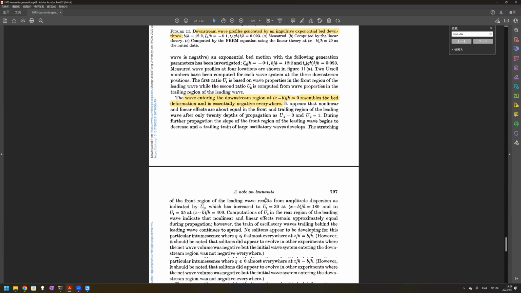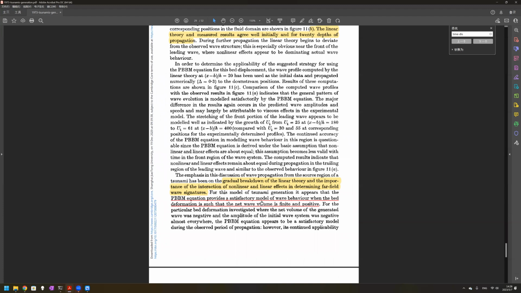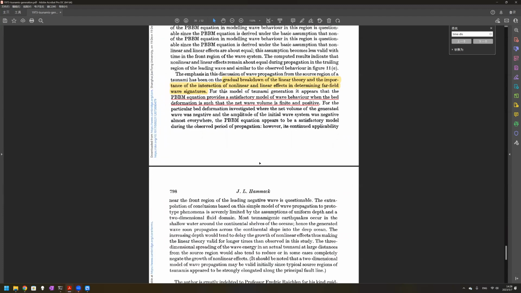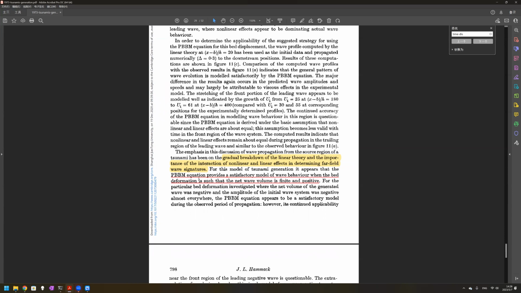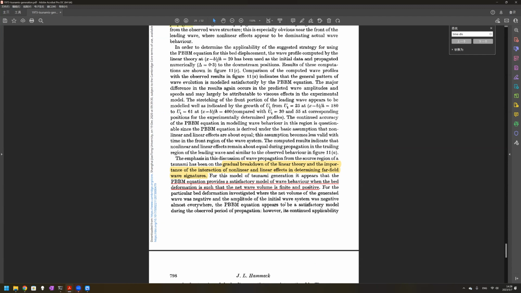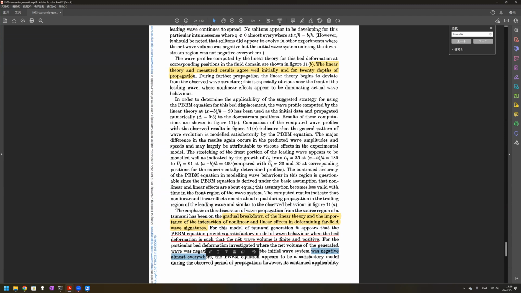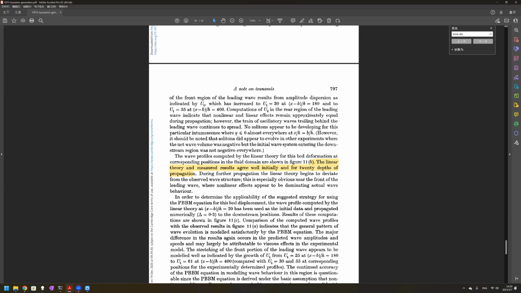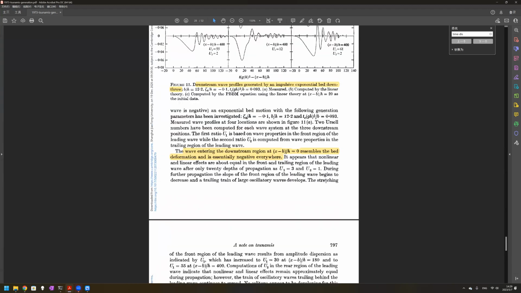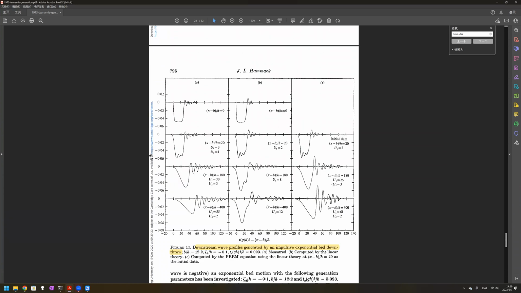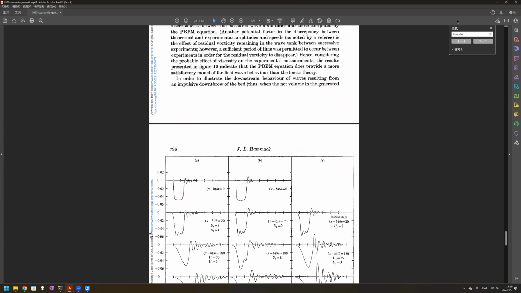So it was said in the conclusion that the BBM provides a satisfactory model of wave behavior, but only when the bed deformation is such that the net wave volume is finite and positive. So it's not really working for negative, but it still remains a working model using BBM for the downstream wave propagation of tsunamis. So that's probably it.